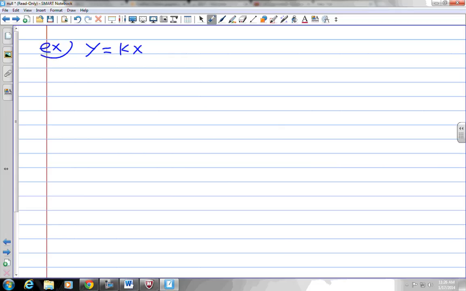Very simple case. What is the family of curves? y equals kx. Yeah, just the lines that go through the origin, right? So we can actually do that one.